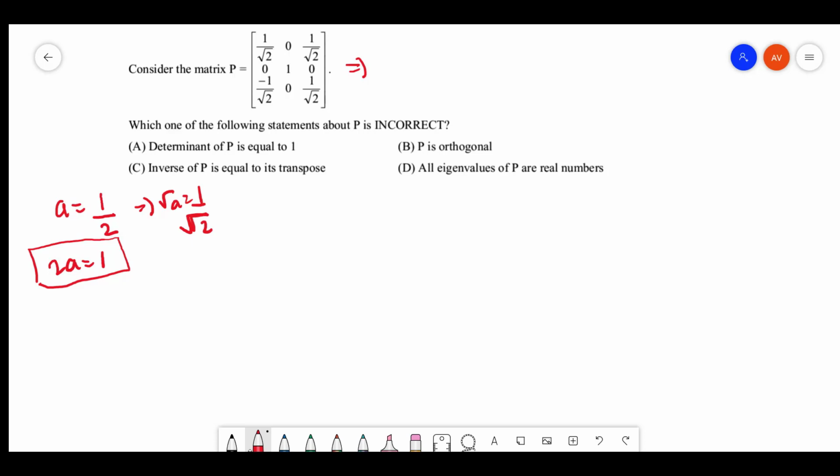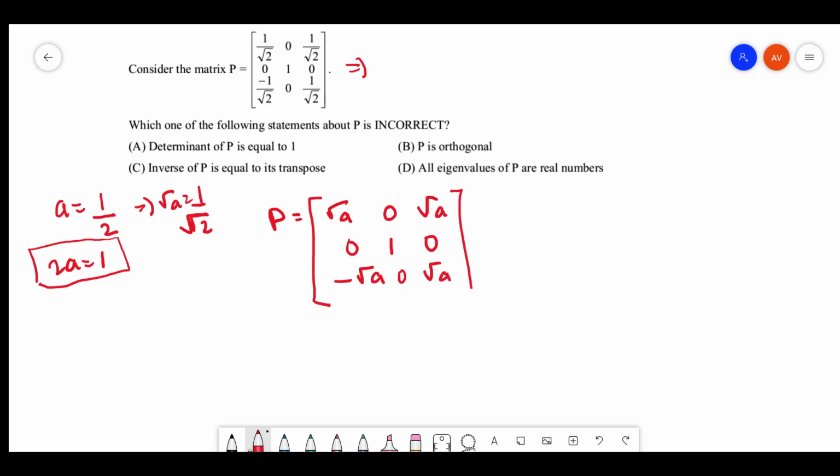So what is P then? You can write it as root a 0 root a, 0 1 0, minus root a 0 root a. This is your matrix.